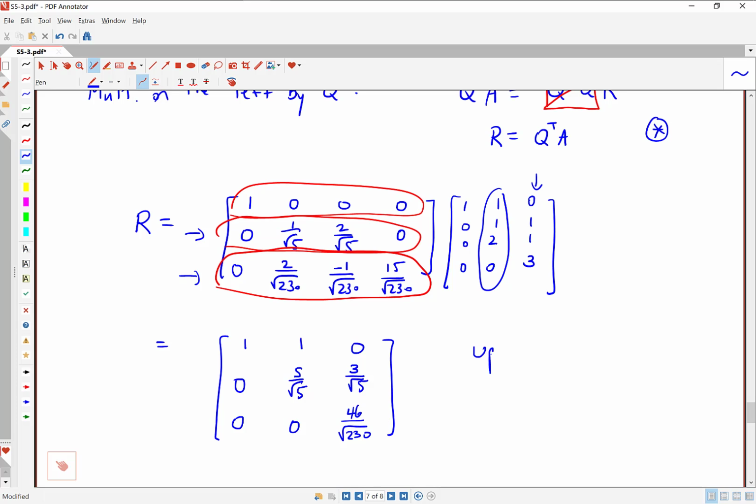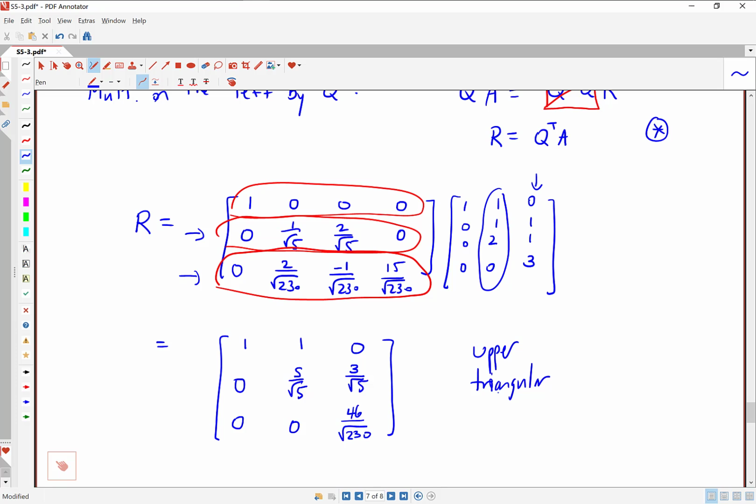Notice that this is an upper triangular matrix, as it is supposed to be. The whole point of QR factorization is that your matrix Q is orthogonal and your matrix R is upper triangular. So we've completed the problem. We've figured out the matrix Q and the matrix R that multiply together to give us our matrix A.